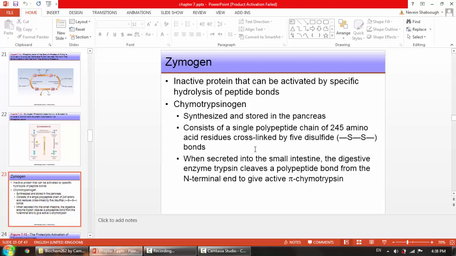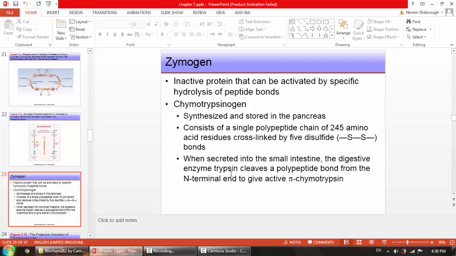certain peptide bonds. So again, we want to talk about chymotrypsinogen as a zymogen of chymotrypsin, synthesized in the pancreas and stored in the pancreas and released into the small intestine. It consists of a single polypeptide chain of 245 amino acid residues cross-linked by 5 disulfide bonds.